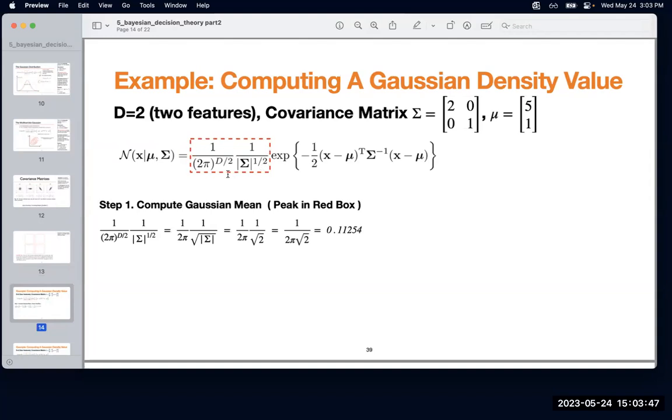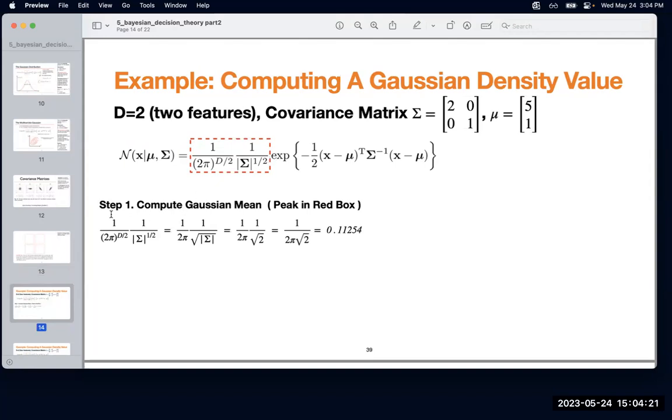One way that I like to do it is by separating this part here, identified by the dotted red, because this part does not depend on X. So this does not depend on your input, while this part actually does. Some authors refer to the part on the left-hand side as the Gaussian mean. That's one name you can use, and that's essentially just the part of the equation of a Gaussian that does not depend on the input.